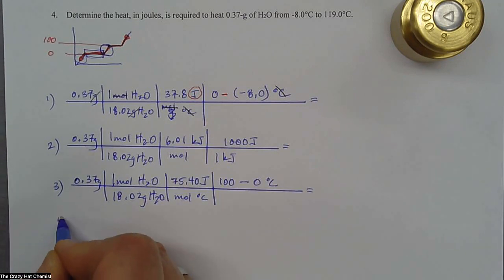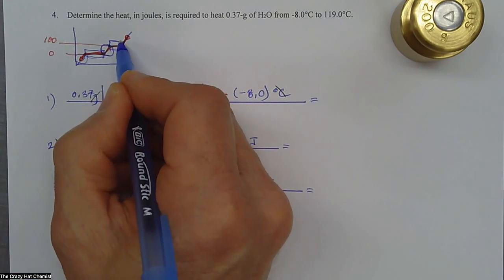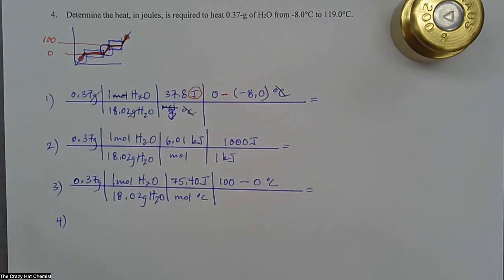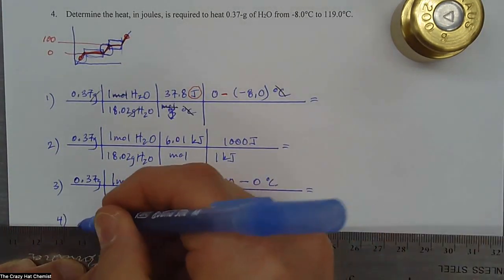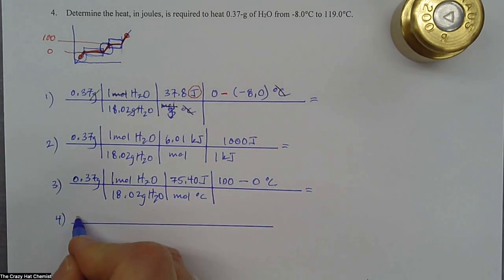All right, now step number 4. Step number 4 is the second flat line section. We're using the molar heat of vaporization. So let's draw this out. And we have our 0.37 grams.